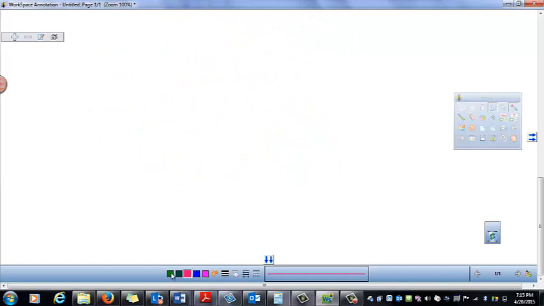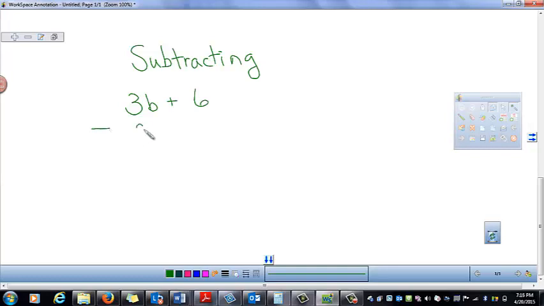Now we're going to look at subtracting. Subtracting is a little bit harder, but you guys can handle it. So if we have 3b plus 6 minus 2b minus 1, if it's subtracting, you basically have to change the sign.